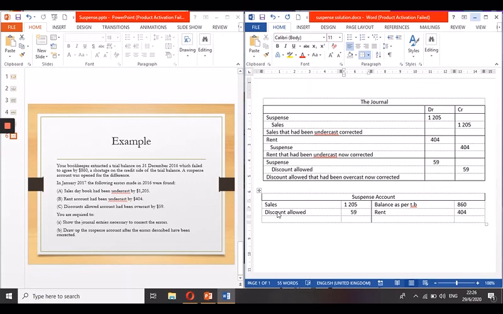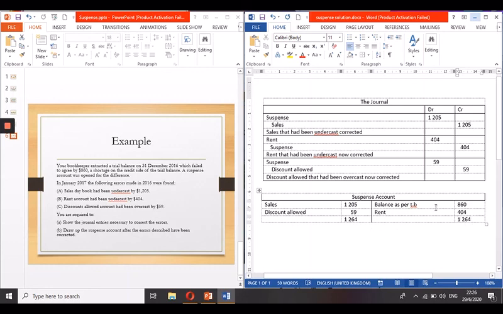Now we add the debits first, then the credit. So if we add this, it becomes 1,264. And if we add this side, it also becomes 1,264. And we can see that the suspense account is balanced out.